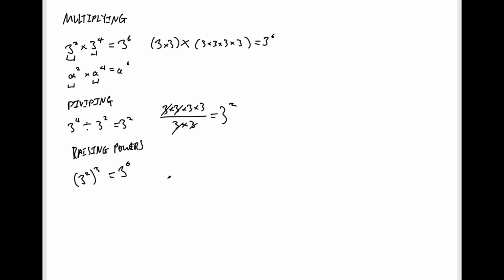Again, if you want a way to visualize this, what this really represents is we're going to have 3 times 3 times 3 times 3 times 3 times 3. And so in each bracket, we're going to have 3 times 3, which is a total of 2 times because of the squared, right? And we also have 3 of these brackets because we cube this. So we want to repeat the multiplication by itself 3 times. So this happens all in all 3 times.